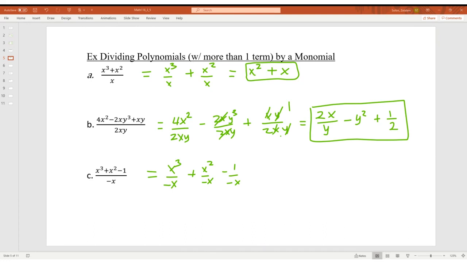So you keep adding the exponents. Remember, we subtract exponents when you have division. We add exponents when you have multiplication.